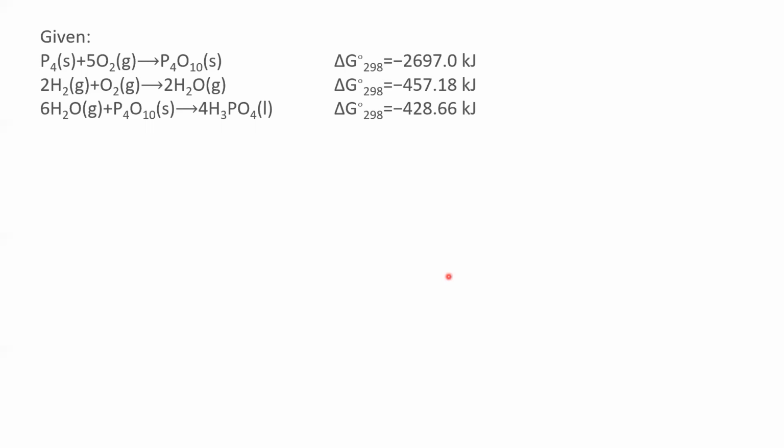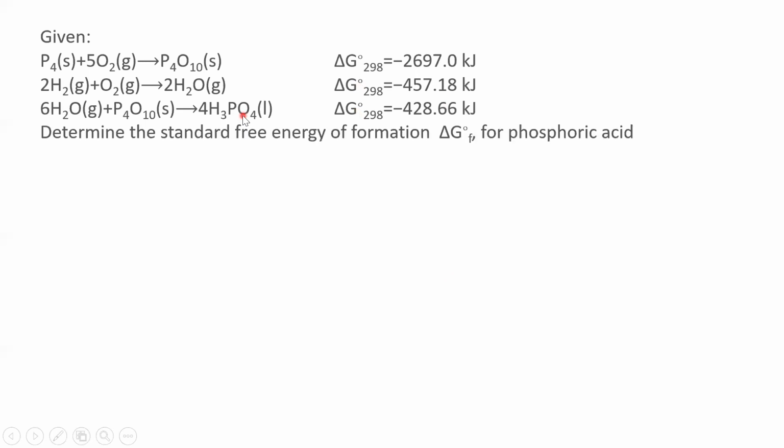Let's say that we're given these three reactions, and we're given the free energy values associated with these reactions. And we want to calculate the delta G for the formation of phosphoric acid. Now, phosphoric acid is H3PO4.